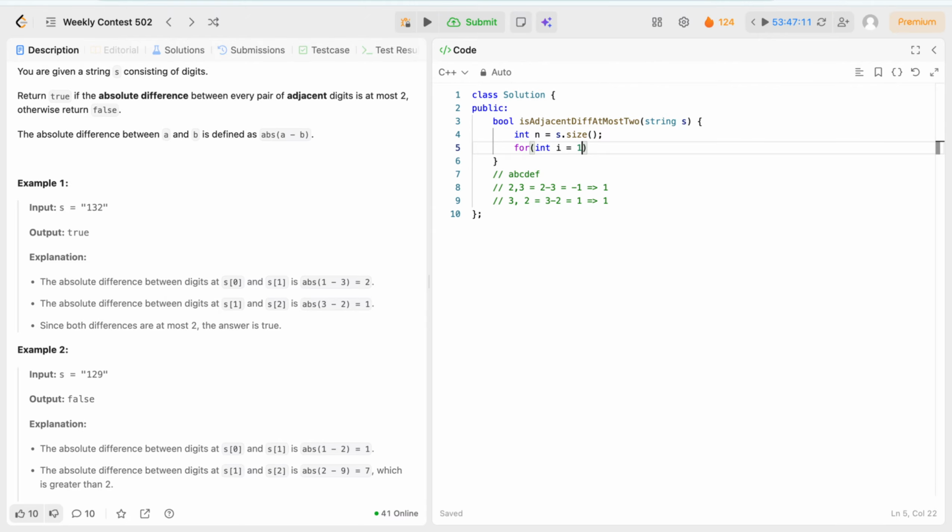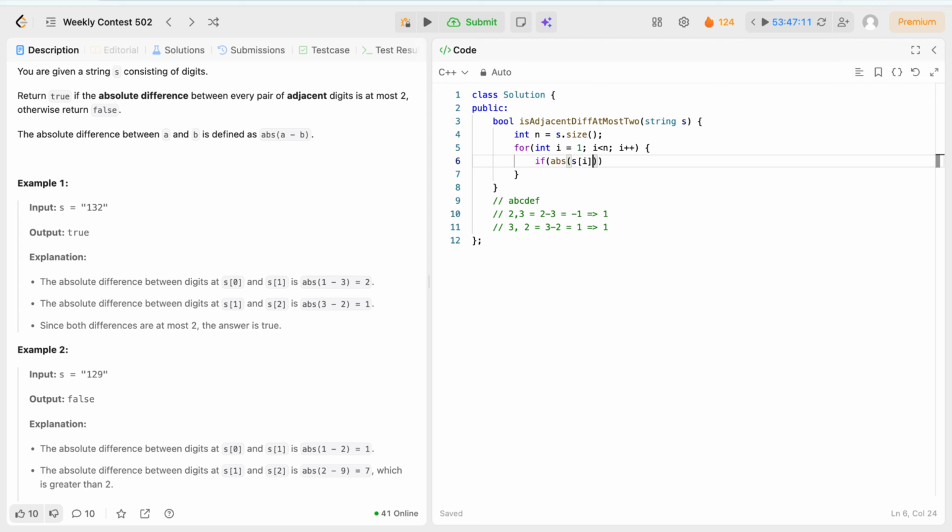So we will start with i equal to 1, i less than n, i plus plus. For absolute difference we will use the abs function. It is an inbuilt function which will only return a positive value. Whether you do 2 minus 3 or 3 minus 2, it is going to give the result 1.